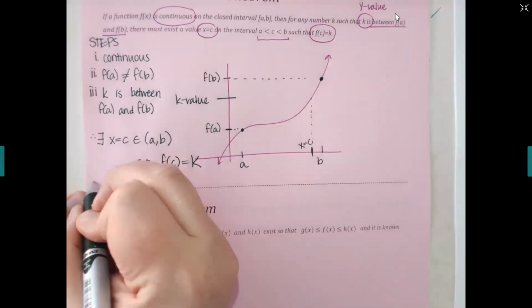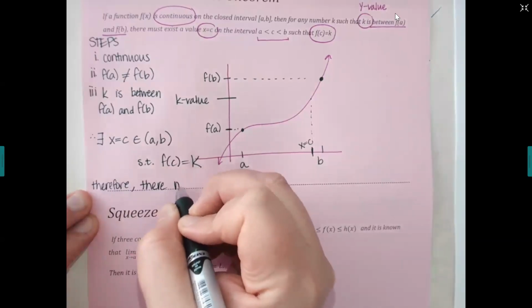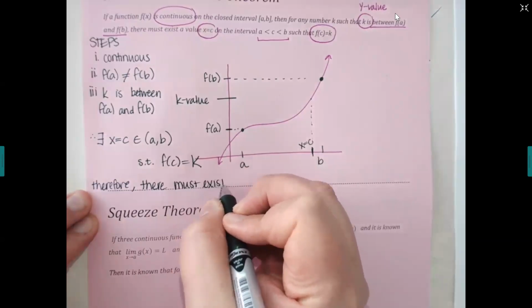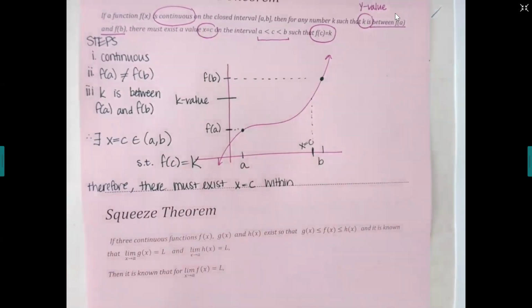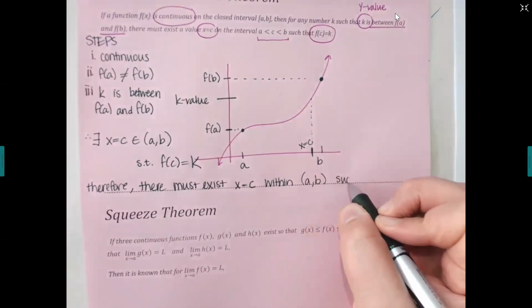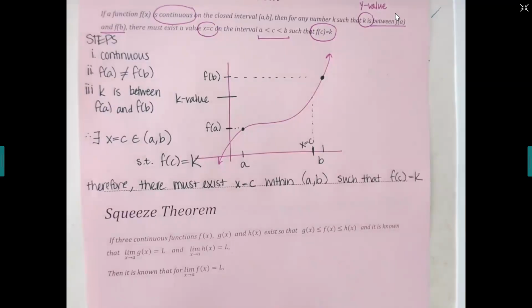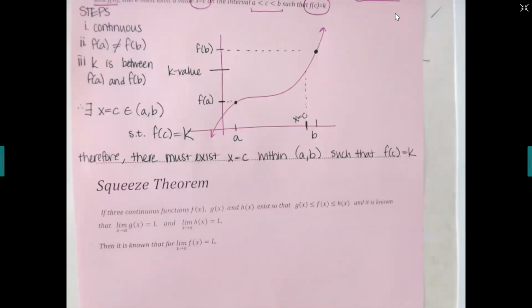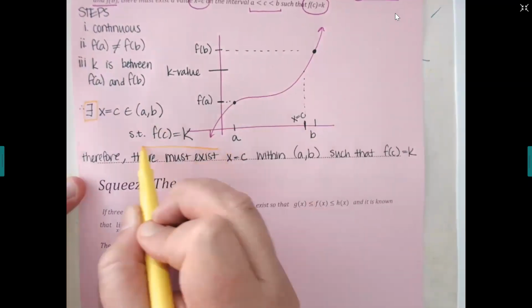So I'm going to write on the bottom, therefore, there must exist an X equals C within, and within is this kind of weird little E looking guy, within the interval from A to B, such that f of C is K. So the little backwards E is there must exist.